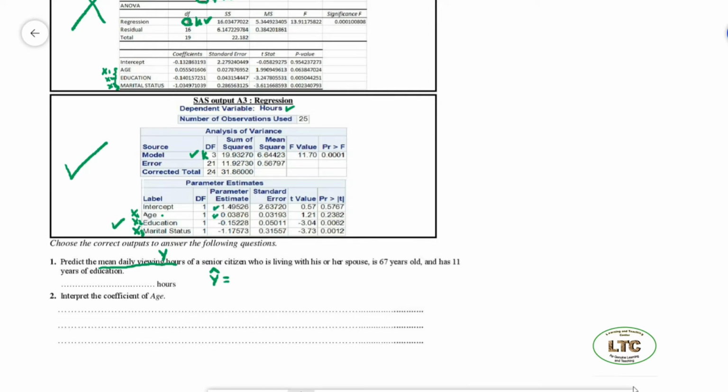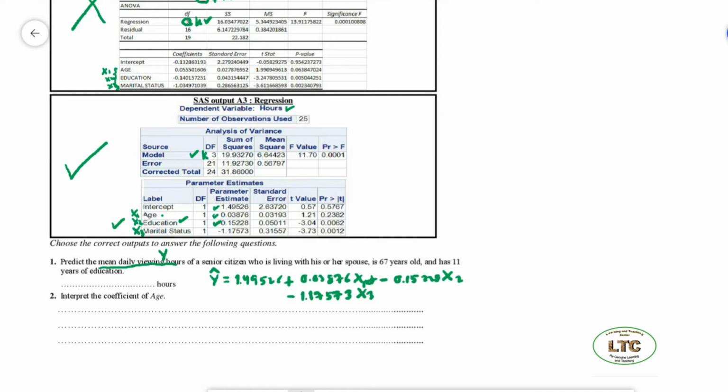Here a is 1.49526 plus b1. b1 is 0.03876 times x1. b2 is negative 0.15228 times x2. x2 is education, and minus 1.17573 times x3.